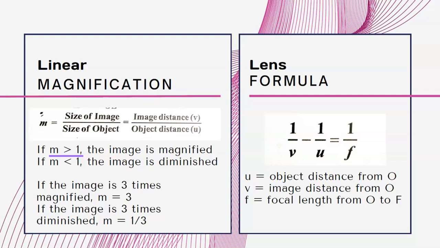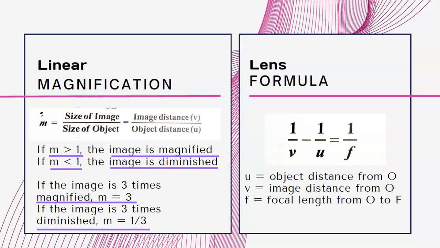If the magnification is greater than 1, then we should understand that the image is magnified. While if magnification comes to be less than 1, we have to understand that the image is diminished, particularly when we have to write the characteristics of the image formed. For example, if the image is 3 times magnified, then we take m is equal to 3. But if the image is 3 times diminished, we take m to be 1 by 3.